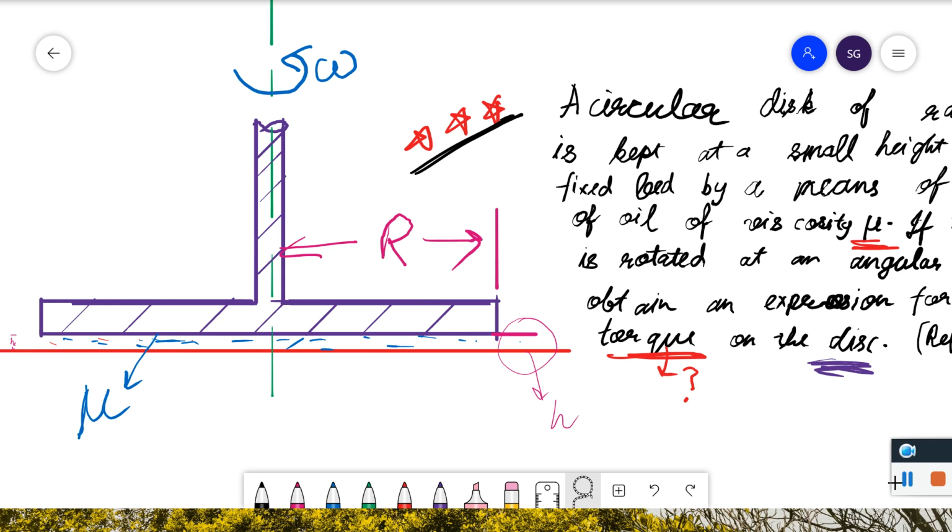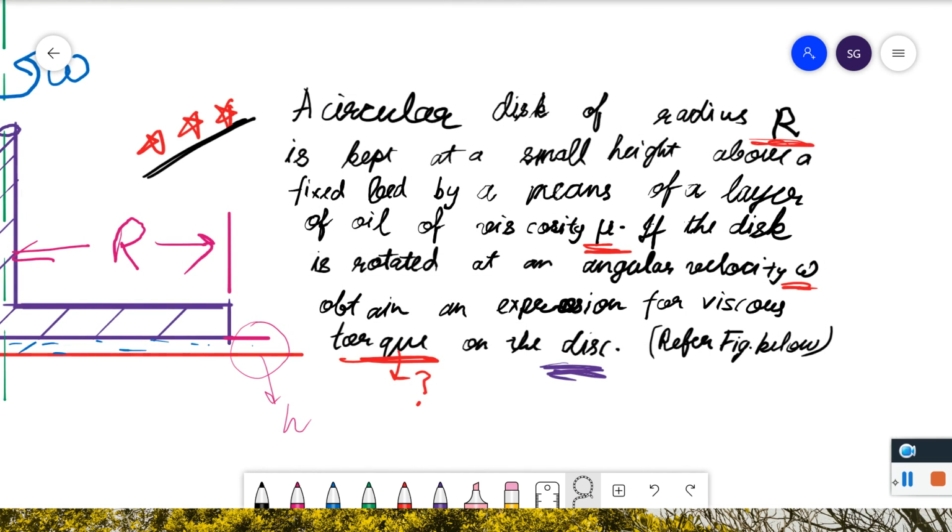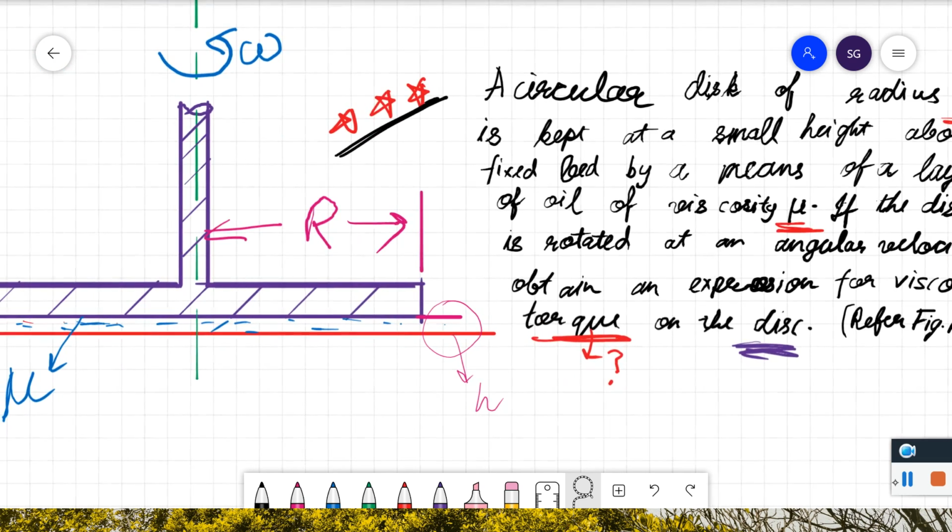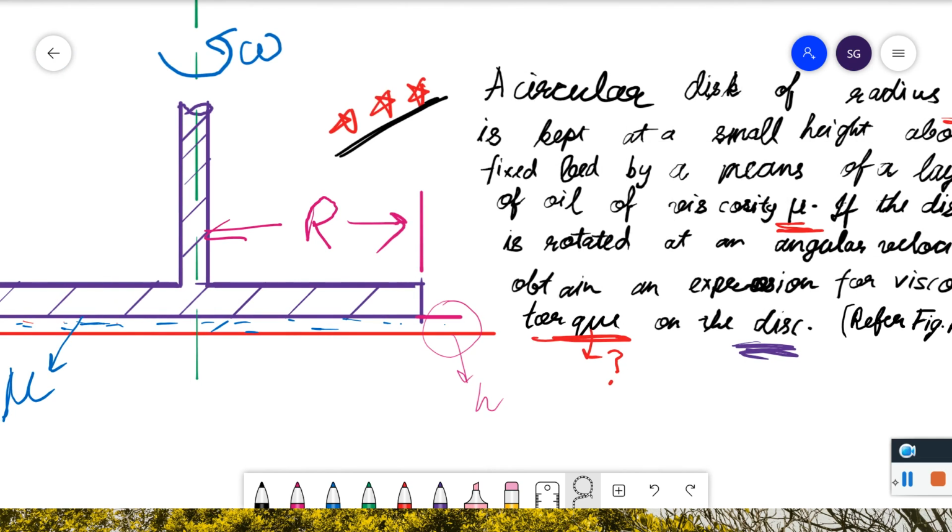But here it is finding the torque of the whole disk. It means we have to find torque by considering the concept of integration only. We will consider a small strip and then we will find out the torque. Okay, so let's start.